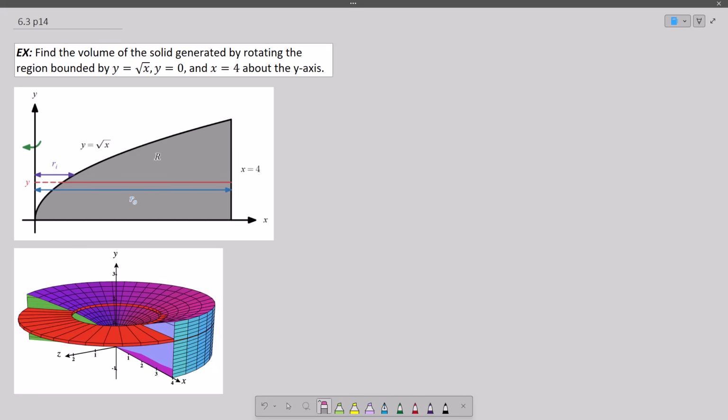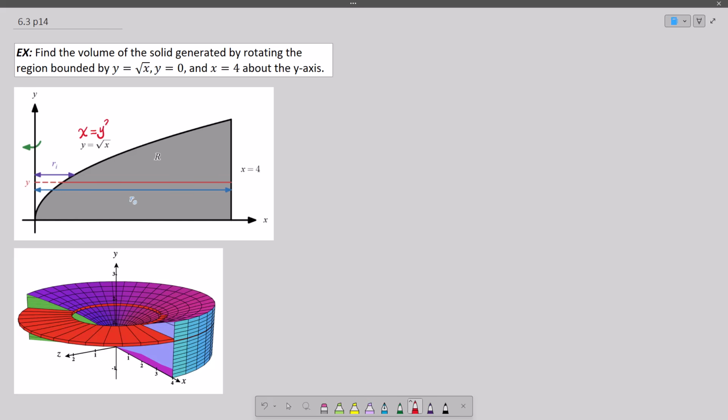Okay, so a couple of things initially. The distance is horizontal, so we have to have a dy, which means we have to isolate x for those functions. The function on the right is already isolated; we've already got it written as an x equals thing. Right here, this is going to be rewritten as x equals y squared.